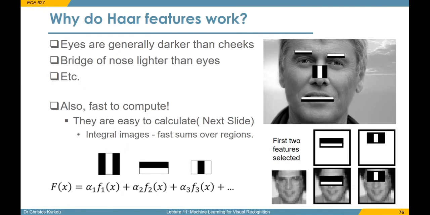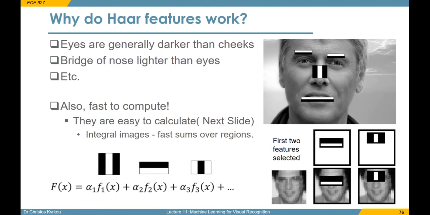The eyes and eyebrows are generally darker than the upper part of the forehead, and the bridge of the nose could be lighter than what's around it, and so on. As you can see in the images here, there is an intuition behind why these particular features work. In the end, with a combination of these features, you get a strong classifier where we take the response of each feature, multiply it with an alpha weight, and get the final response.